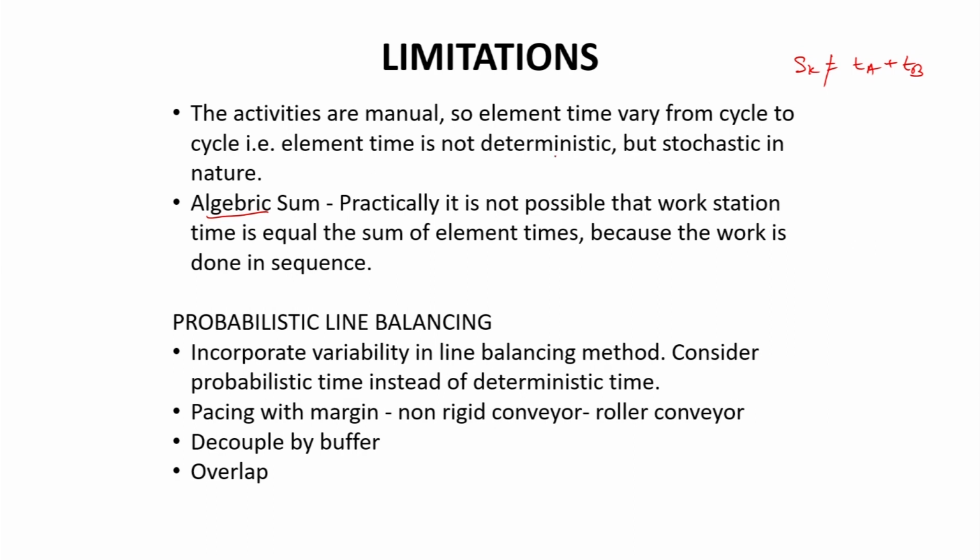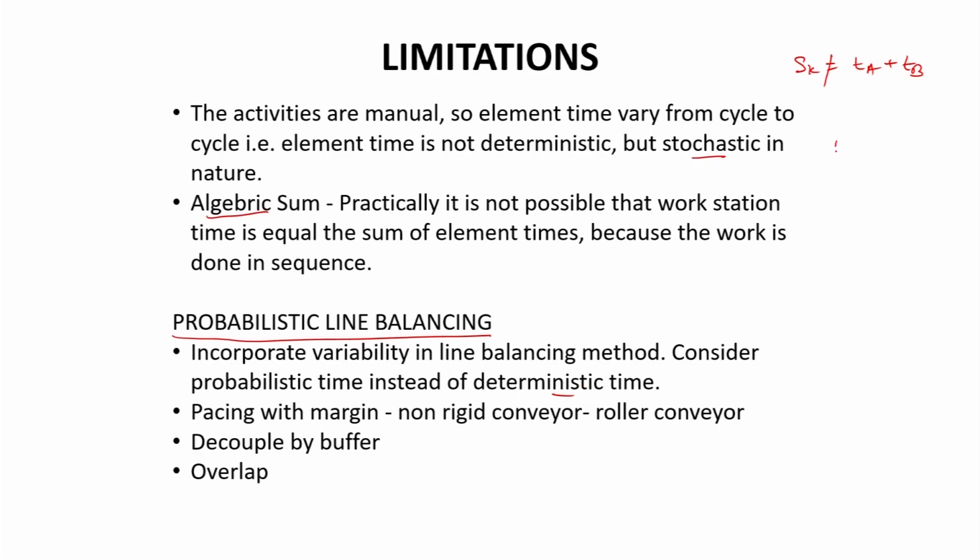So, though I have said here that if the elemental times are varying, we can have probabilistic line balancing, and certain algorithms and approaches are there for that, we are not considering that here. We can incorporate the variability in the balancing method itself, and we can consider probabilistic times instead of deterministic times.